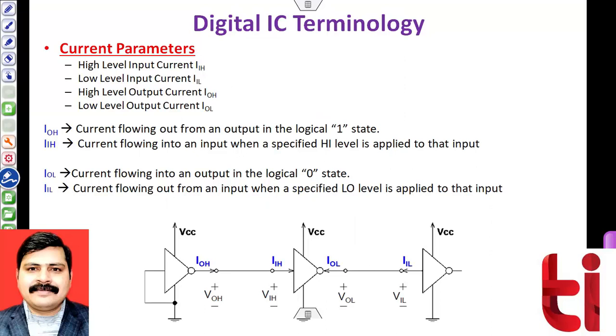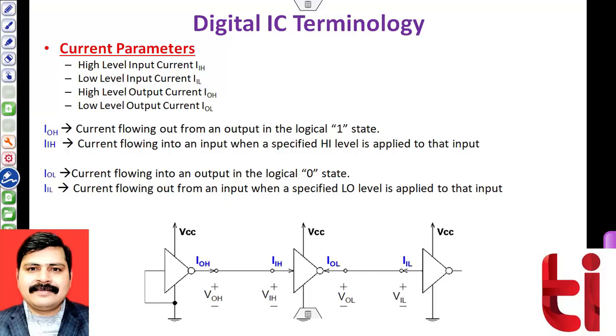Similar to the voltage parameters, there are four current parameters, and again one can easily understand the functionality with the help of their suffixes: IIH, IIL, IOH and IOL. These are the high level input current, low level input current, high level output current and low level output current. You can just see this schematic and easily understand the concept.